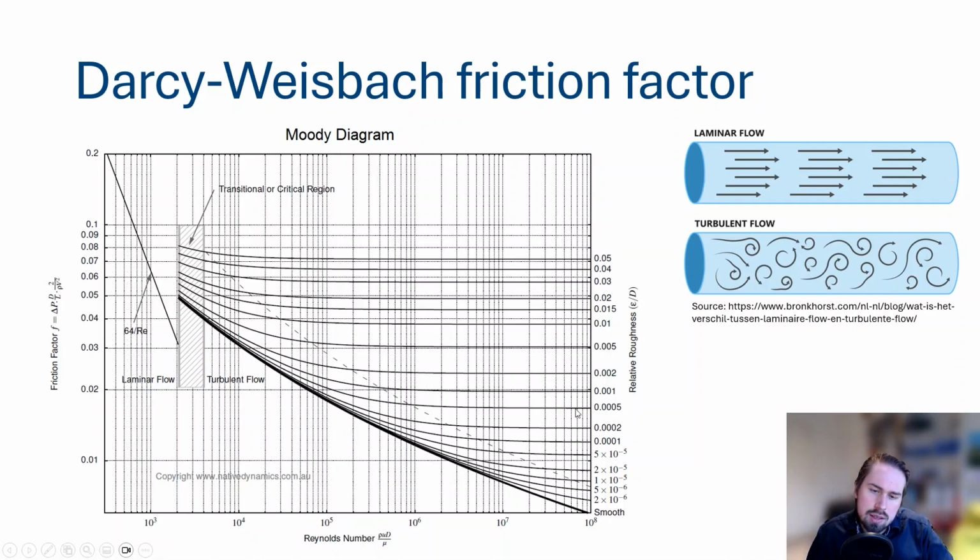All the lines you can see here on the graph in the turbulence zone have different relative roughness levels. So what do we mean by that? Well, if you take a look at your pipe and you would zoom in on the surface boundary, you would see that it's never really flat. There is always a kind of roughness of surface irregularities.